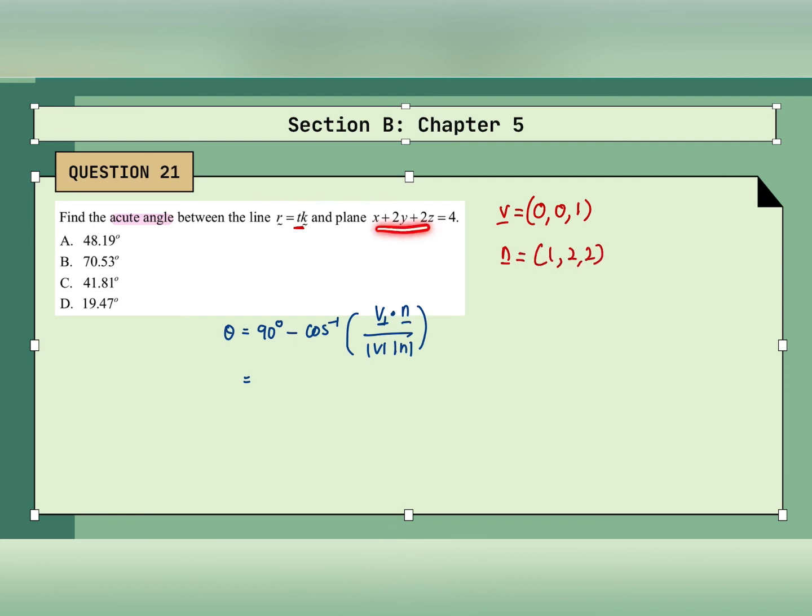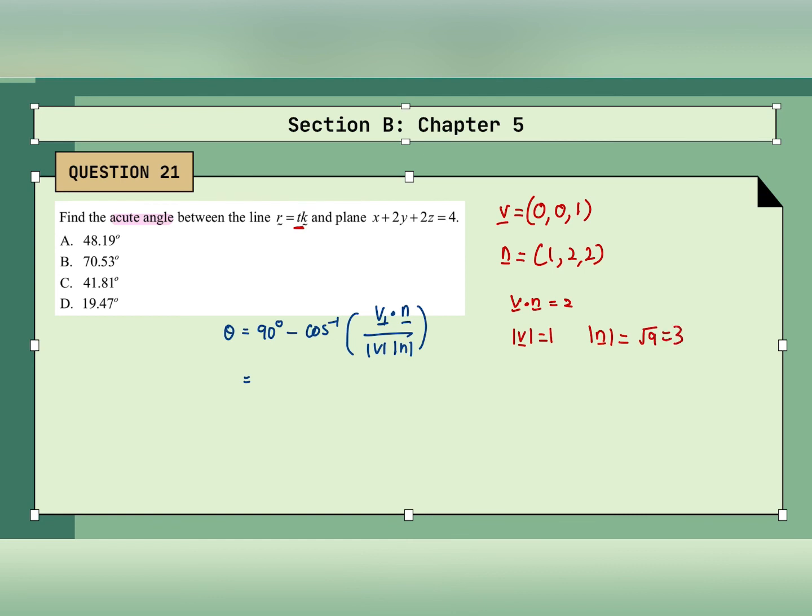Kamu refer kepada coefficient of X, Y and Z. Okay. So V dot N akan jadi kosong darab 0 tambah 0 tambah 2. So dapatlah 2. Okay, magnitude of V akan sama dengan 1. Magnitude of N akan sama dengan 1 tambah 4 tambah 4. 4, 8, 9. Square root of 9 adalah 3.